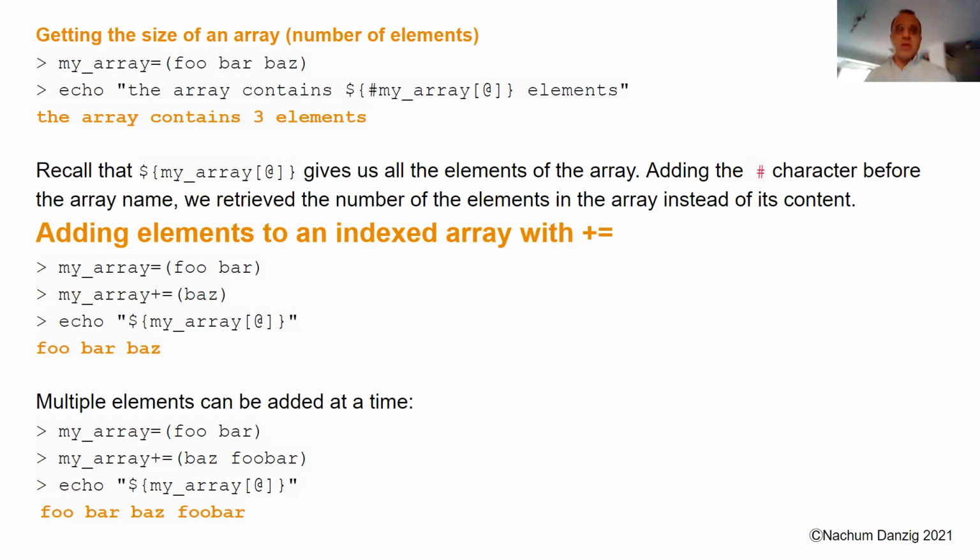Because if you just gave it my array without any braces or brackets after it, it would assume you mean the first one. And then the number would no longer mean the number of elements, but the number of letters in that string. So in order to make it mean the number of elements in the array, you've got to give it the whole array.